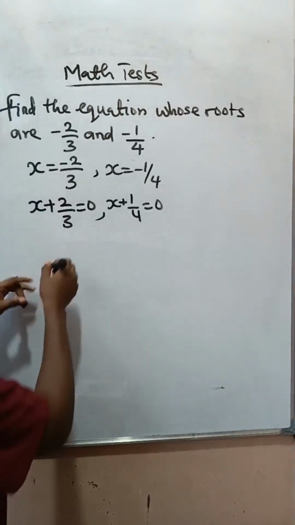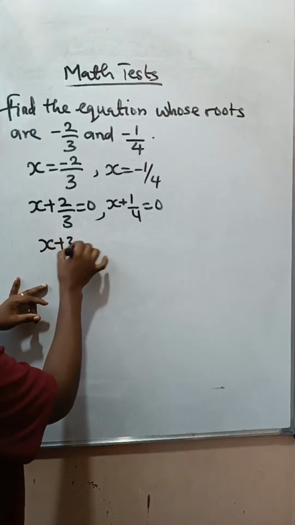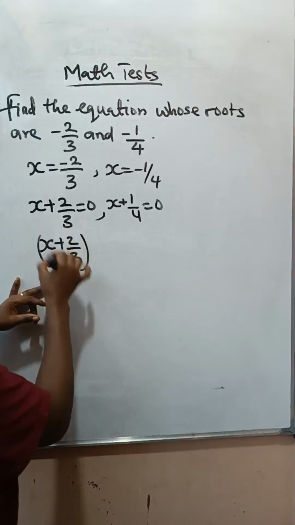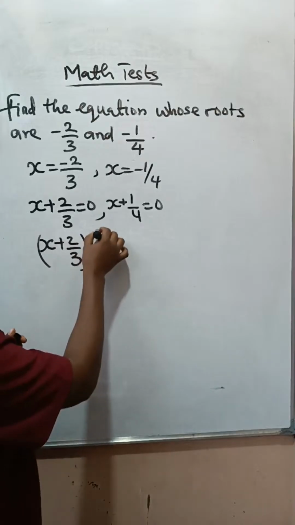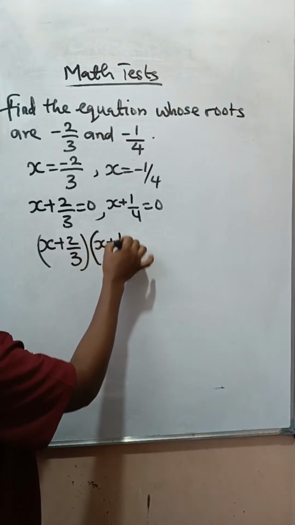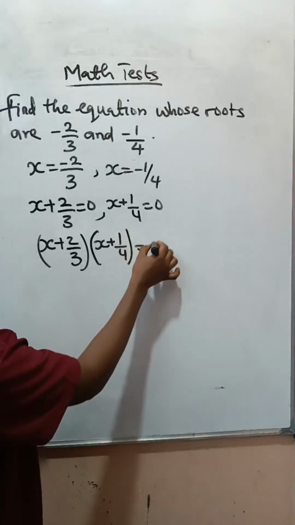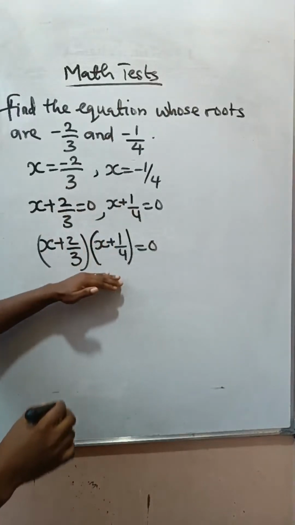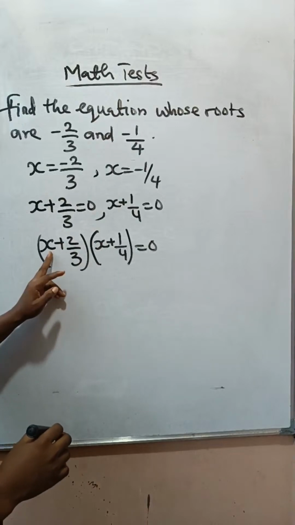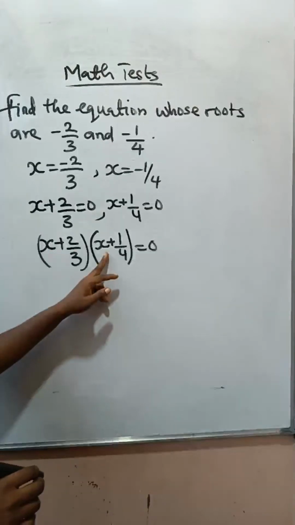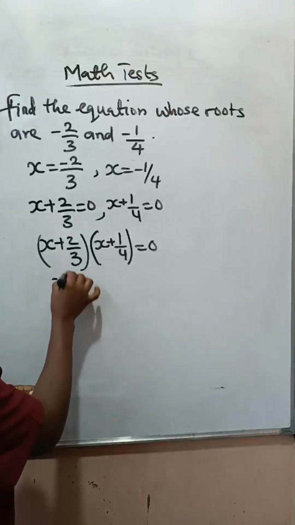So what you now have, you multiply them together. So x plus 2 over 3 multiplied by x plus 1 over 4 is equal to 0. So we expand. We have x times x, and that will give us x squared.